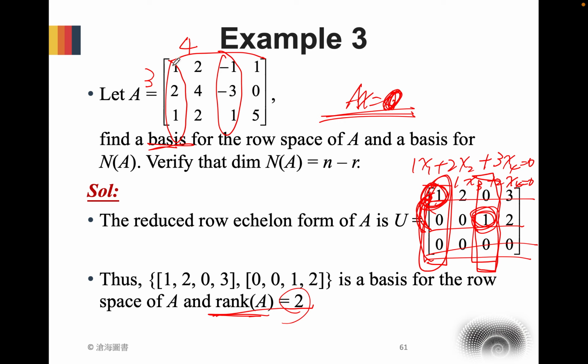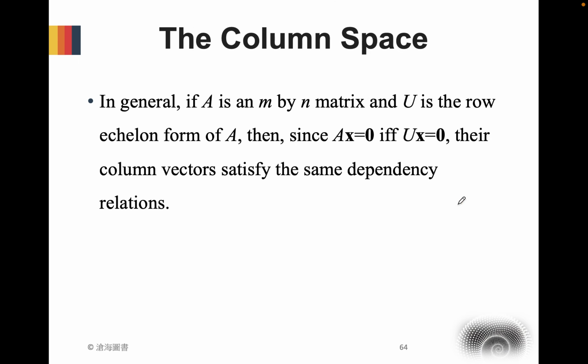However, if we take the first and third column vectors of A, we have (1, 2, 1) and (-1, -3, 1). These two vectors are linearly independent, and they also form a plane in a 3-dimensional space. However, this plane may be different from that plane. So the column spaces of A and U are different.